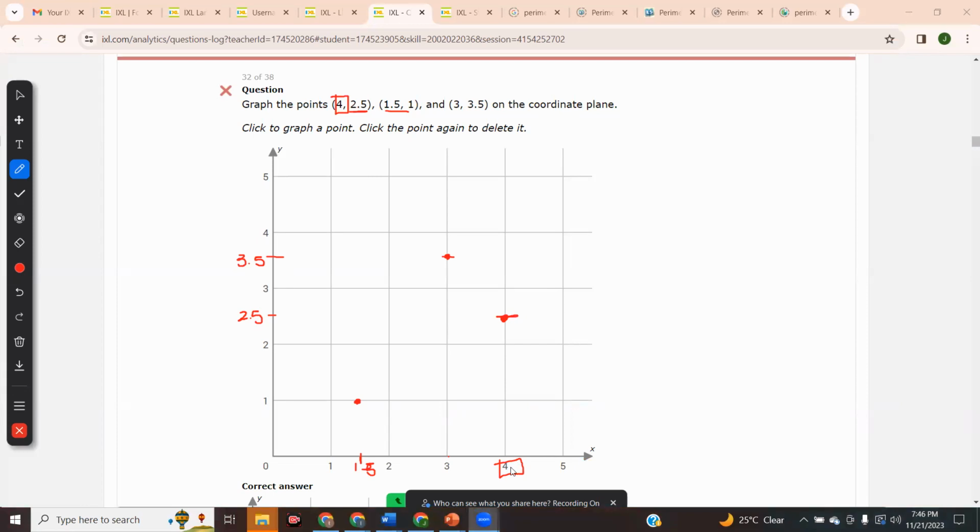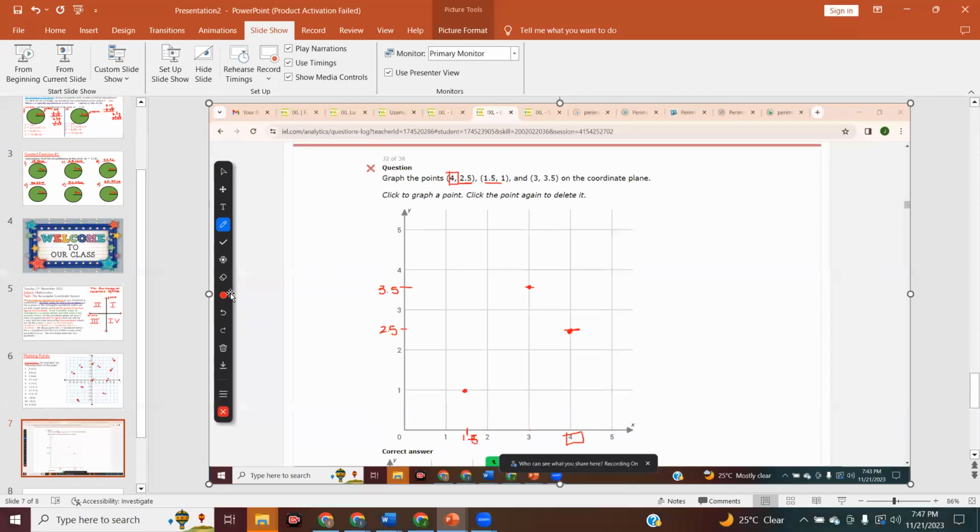So you have to go to 4, and 2.5 is, this is 2, and 2.5 is right there. You have to go halfway. And if they say 1.5 and 1, you have to go in the middle. So 1.5 is here, and 1 would be here. You see that? Yes, sir. And if they say 3 and 3.5, you go to 3, and then 3.5 will be right there, between 3 and 4. Does that make sense? Yes, sir. Good.